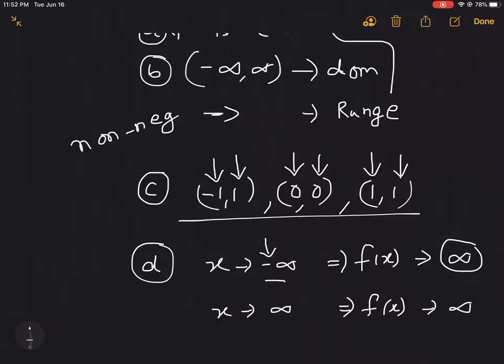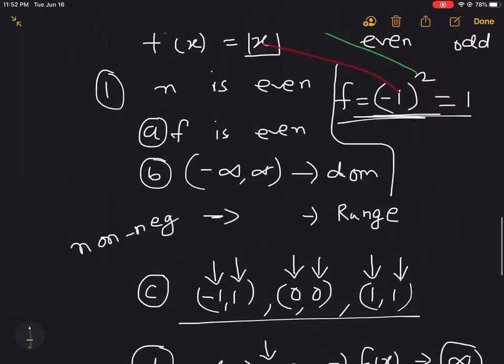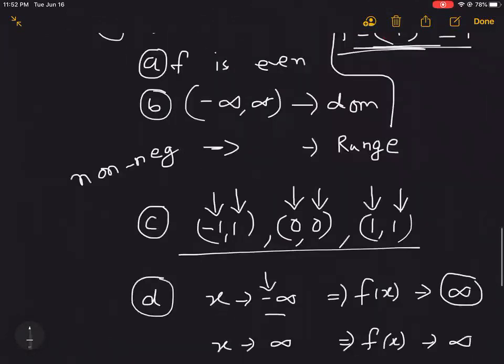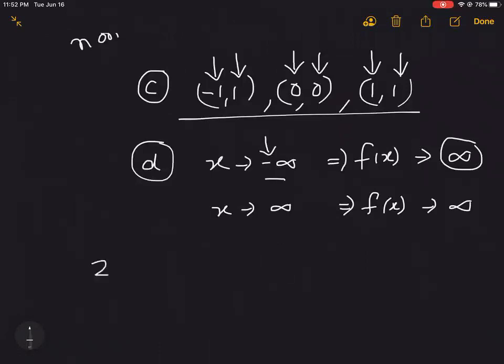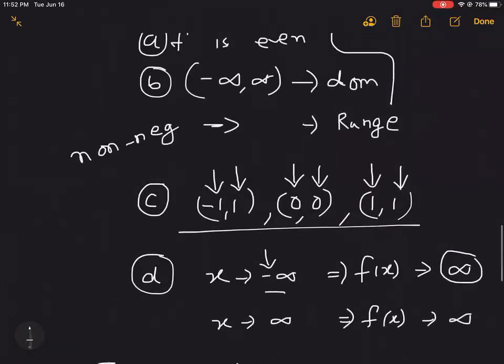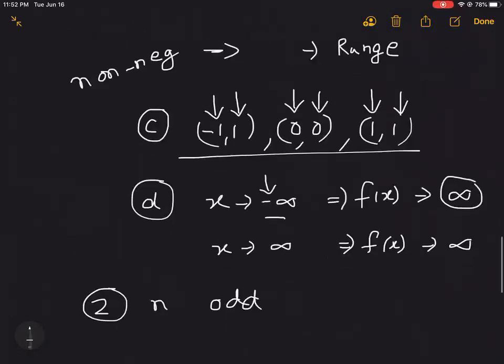Now we want to see what happens if n is an odd positive integer instead of even. So first of all, what happens to f?